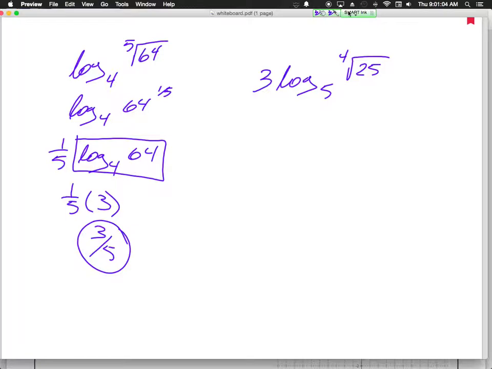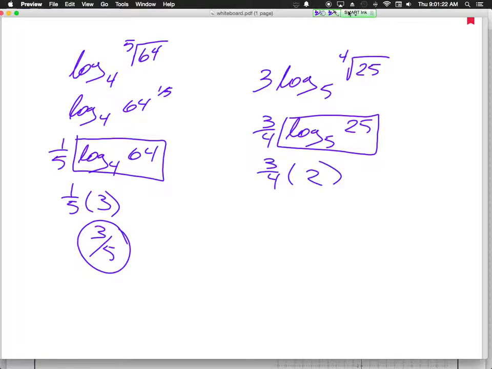Can you move 1/4 to the front? I move 1/4 to the front, so what does it turn into? 3 over 4. So I have 3/4 log base 5 of 25. So I move the exponent. Once I move the exponent, we should be able to evaluate that. So that turns into 2. And then we reduce and we get 3/2 is my solution.